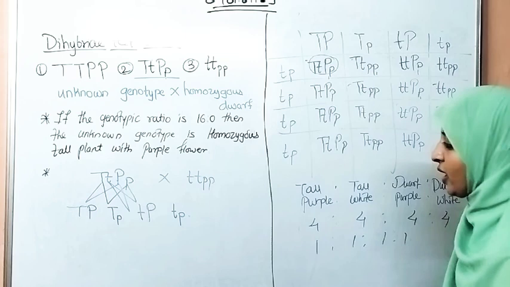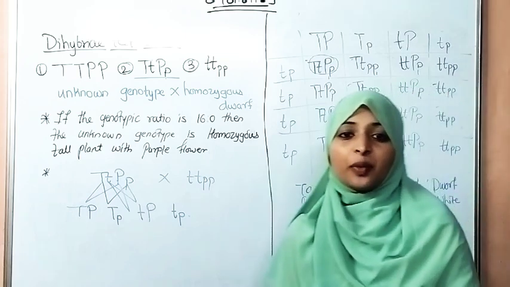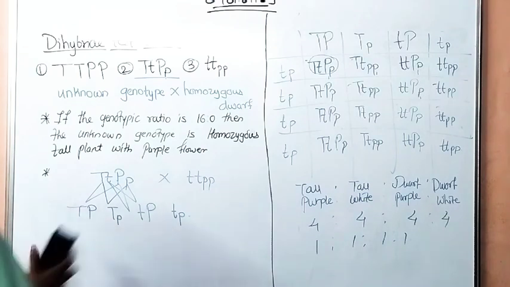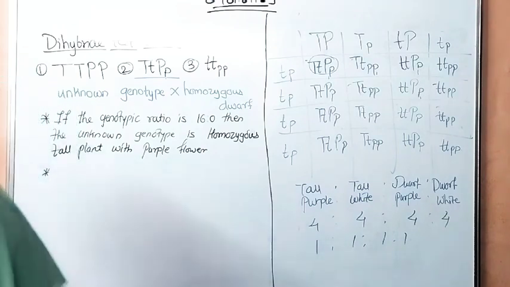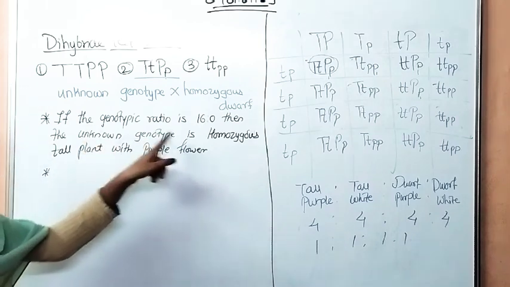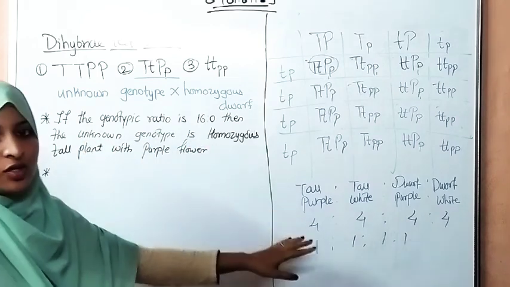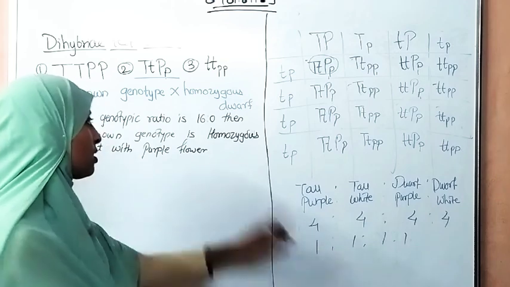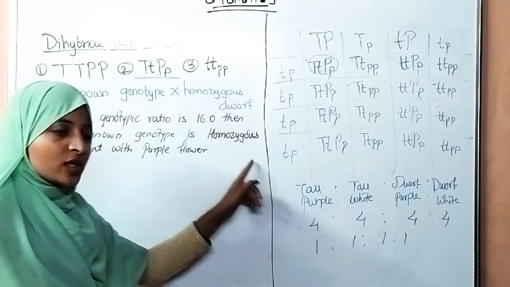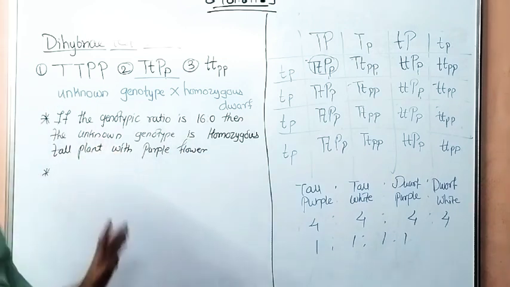Okay. What statement are we going to write here? If the genotypic ratio is 1 to 1 to 1 to 1, then the unknown genotype is a heterozygous tall plant with purple flower.